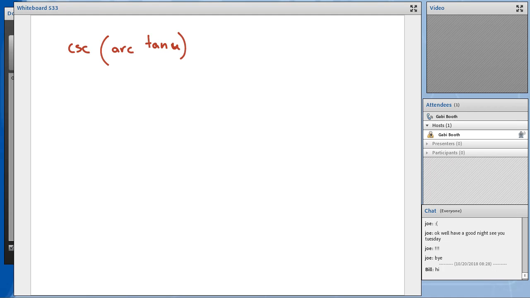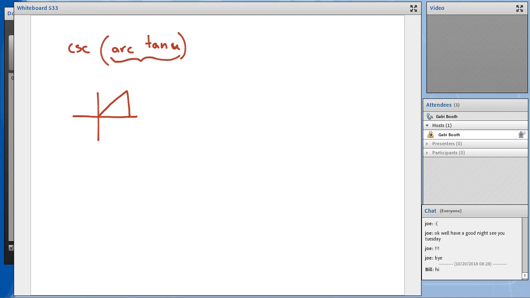Write the expression as an algebraic, meaning non-trigonometric, expression in u, and u is greater than 0, so positive. We're looking here for the cosecant of the inverse tangent of u. Again, this relationship will form our angle that we need. So u is positive. I make a little sketch.